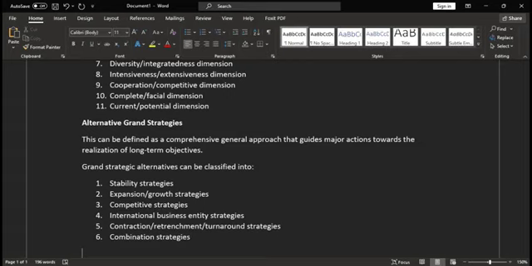Growth strategy may be intensive, integrative, or diversified, as the case may be. Any of these has great impact on a company's internal configuration, causing extensive changes or transformations in almost all aspects of internal functioning. Strategies here are more risky than stability strategy.